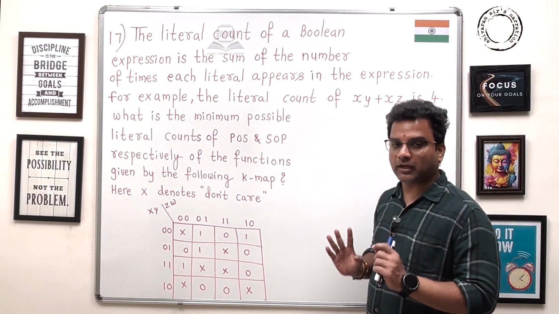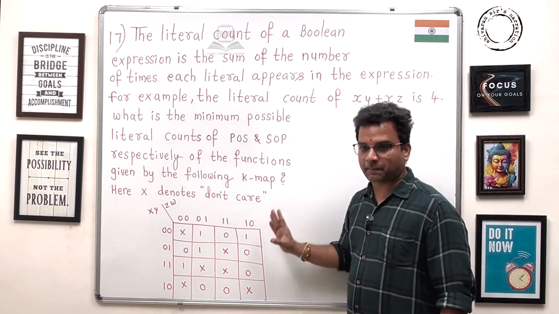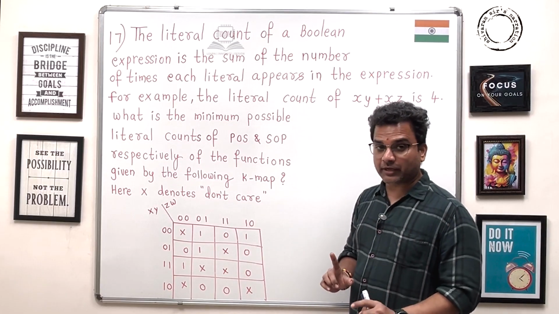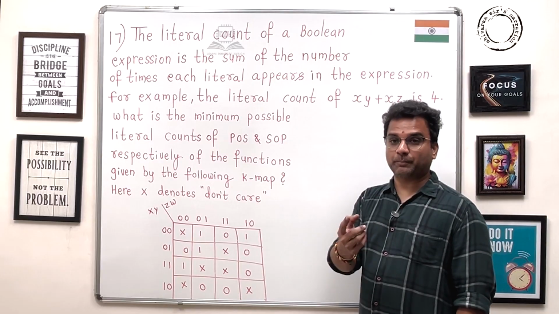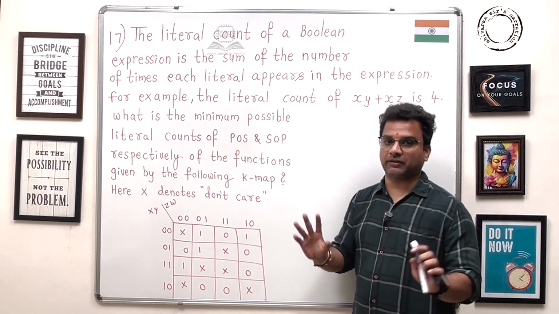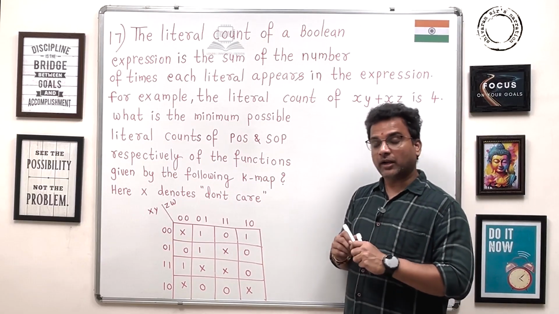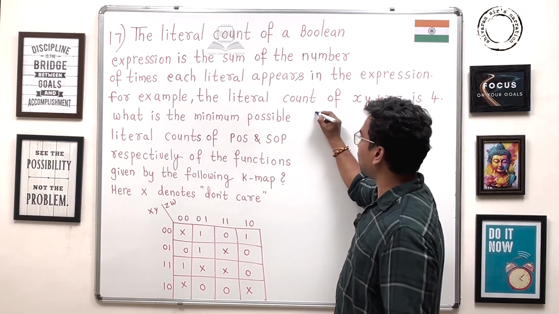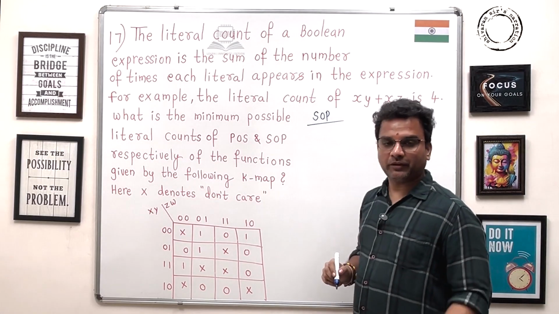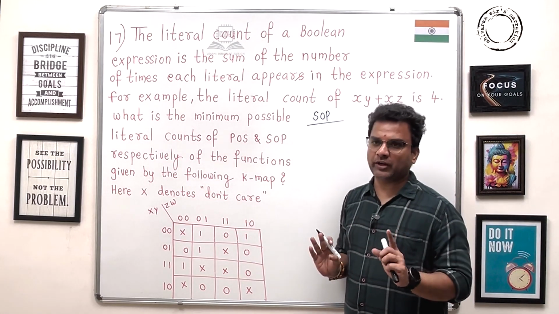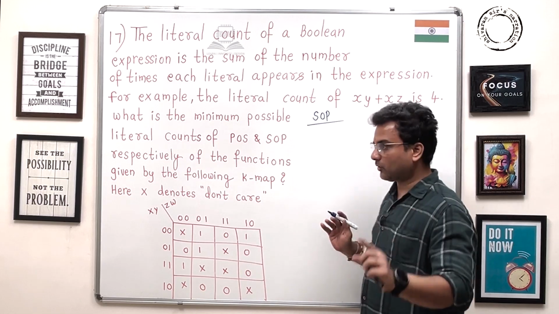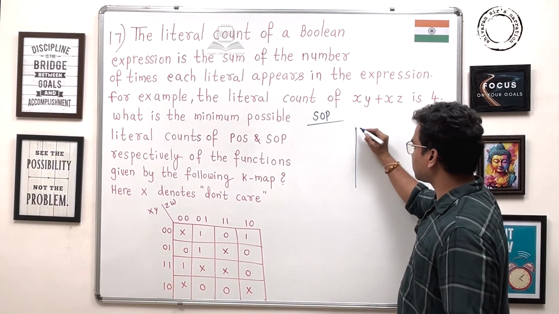So guys, now he has given the K-map, and here you need to calculate the literal count for POS, literal count for SOP as well. Okay, now let's start with SOP. You know very well guys, if it is SOP, we will take ones only, of course, in addition to don't cares as well.